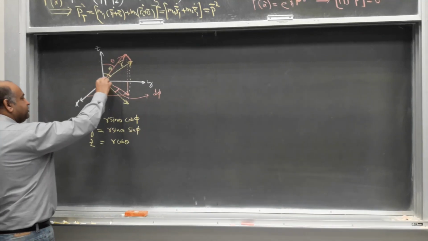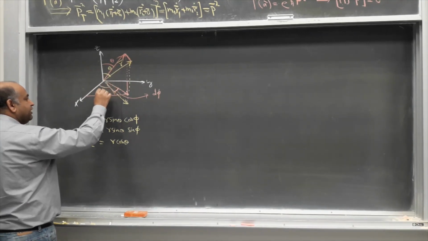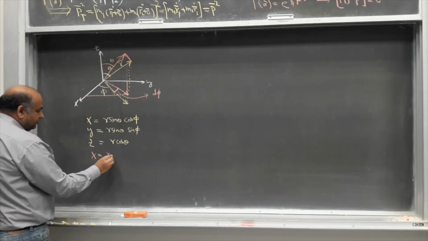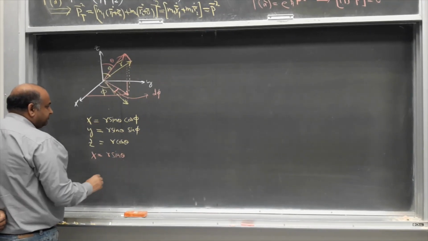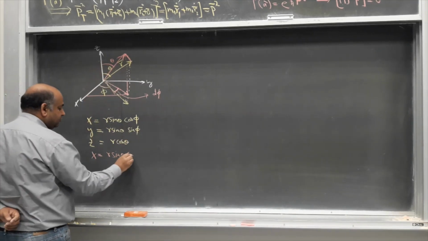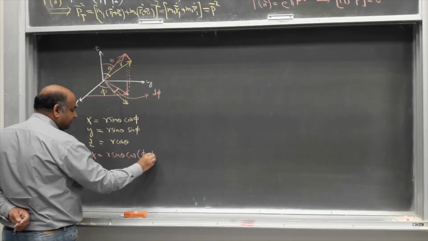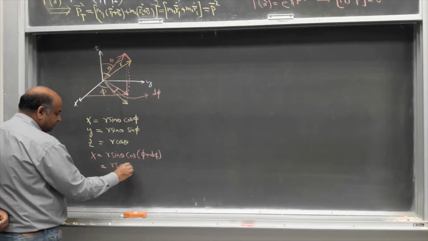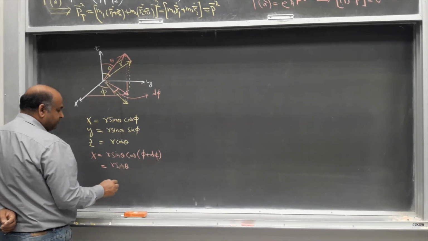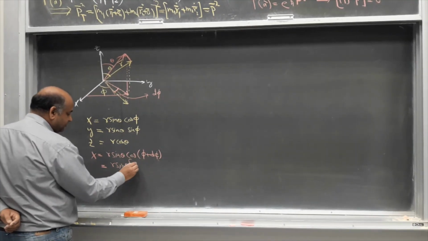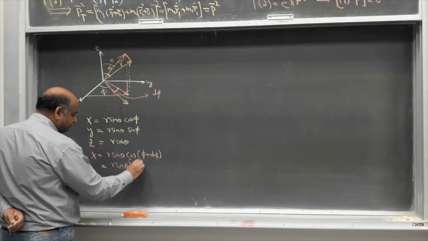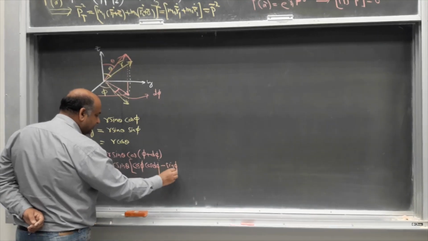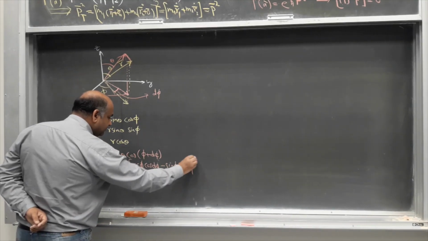Before rotation the angle was phi, and after rotation the angle is phi plus d phi. So the x component becomes r sine theta, because theta is the same, cos of phi plus d phi. Let's open this up using the cos alpha plus beta formula. This becomes cos phi cos d phi minus sine phi sine d phi.